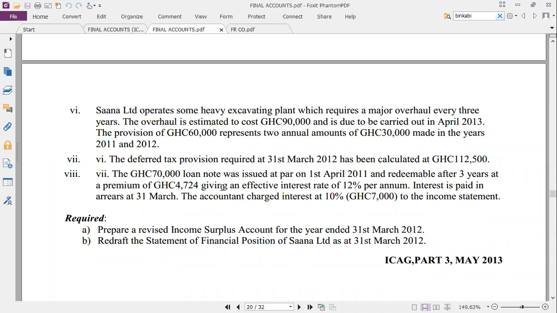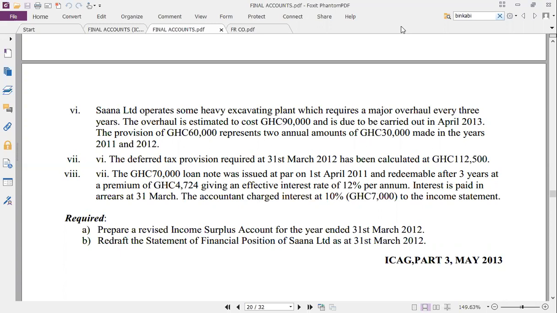This 7,000 is totally not true because with respect to IFRS 9 or IAS 39, it states that all financial liability should be stated at amortized cost, except otherwise stated. Fine. So amortized cost simply means we should use the effective interest rate, which is the 12%, to calculate the final charge, not the nominal interest rate of 10%, not at all.